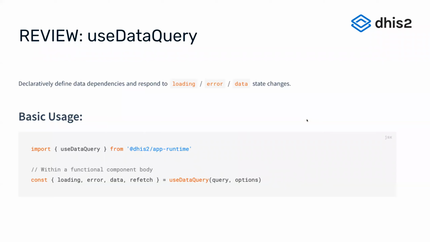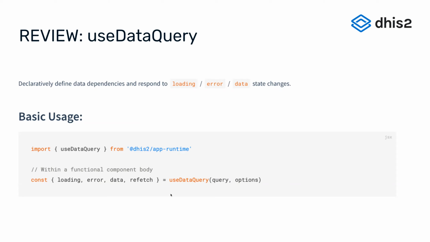But getting back to queries and mutations, as I mentioned, queries are for reading, and in order to read data from a functional React component in a DHIS2 application, we have a hook called useDataQuery. This useDataQuery allows you to declaratively define data dependencies and respond to loading, error, and data state changes. What that means in practice is that you write this one line down here, down at the bottom, and then it will basically re-render your component every time the state of that request changes.